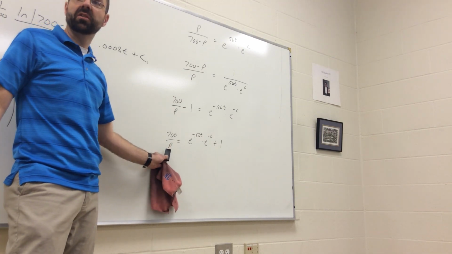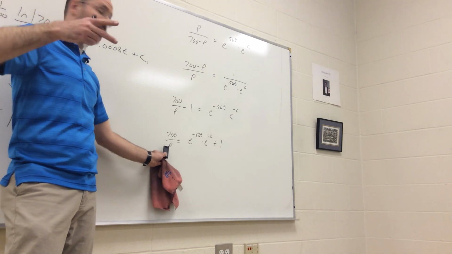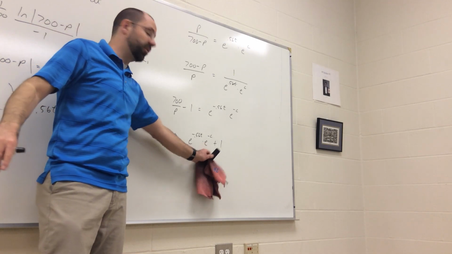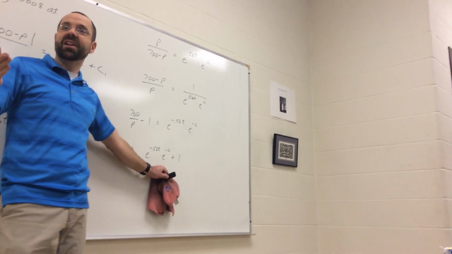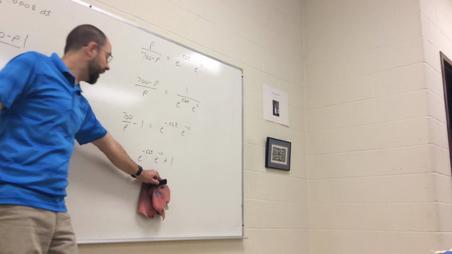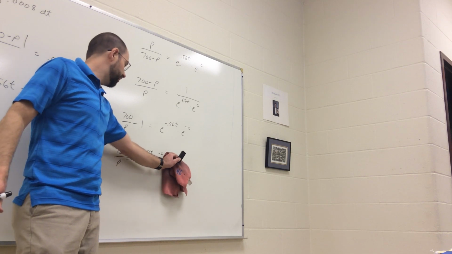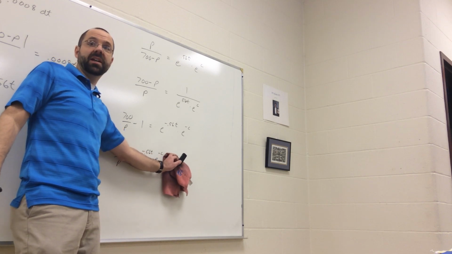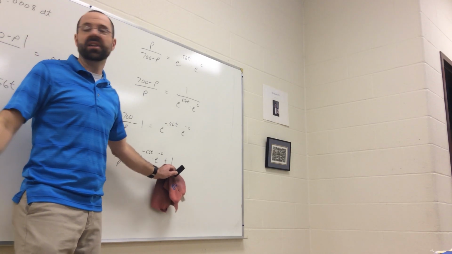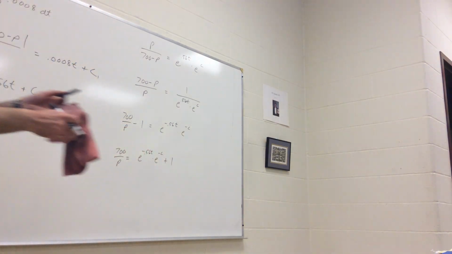I had 700 over p, and I wanted to have p over 700. So I reciprocaled this side, and so then I had to reciprocal that other side as well. So it's 1 over that whole mess. Now, it would be really nice if 1 over that whole mess became a positive exponent, but that doesn't work out because of the plus 1. If it was just 1 over that, then yes, you could make it positive. But the plus 1 just doesn't work out that way. So that's why we're stuck with the negative in the denominator. Great question.